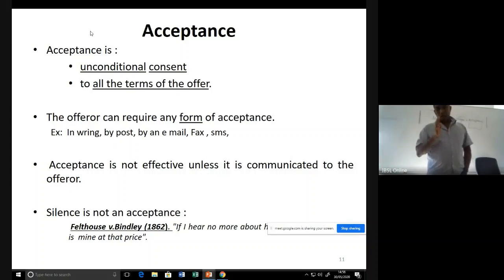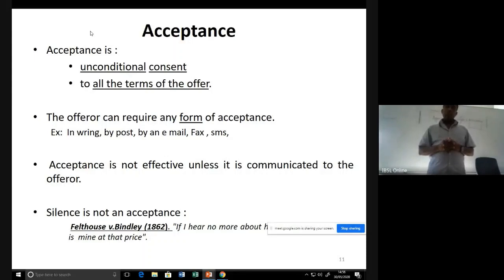The offeree has to accept the entire offer as it is without any condition. For example, say I have a tractor with a trailer. I make an offer to Nimal. I say, Nimal, I will sell my tractor and the trailer for 5 million.